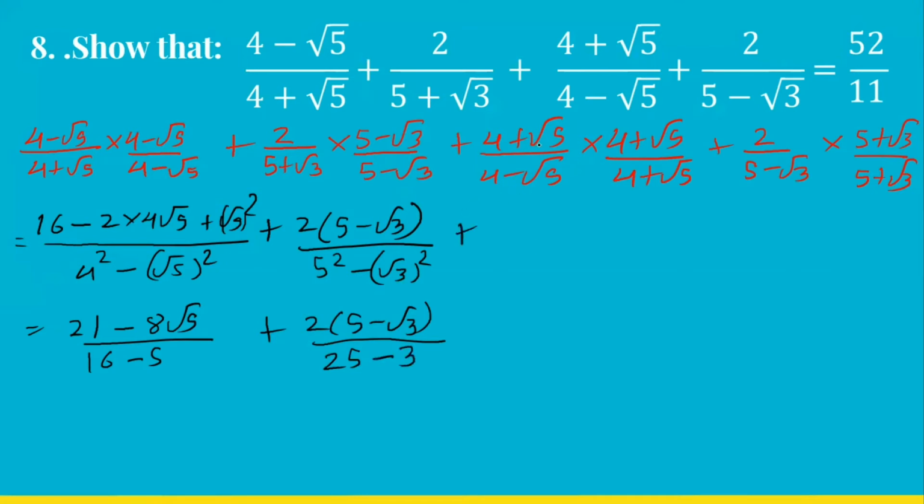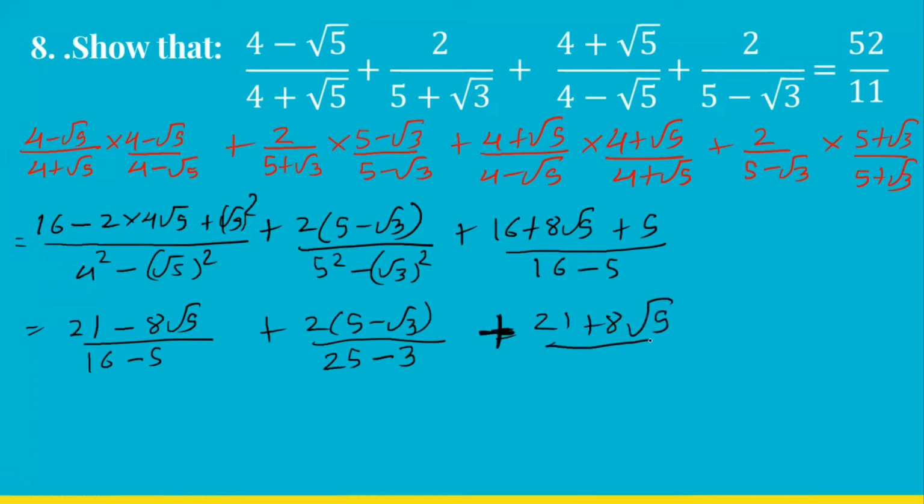Plus, let us use a plus b the whole square. So this is going to be 16 plus 8 root 5 plus root 5 square is 5 upon 4 square is 16 minus 5 square is going to be 5. So this is going to be 21 plus 8 root 5 upon 11.